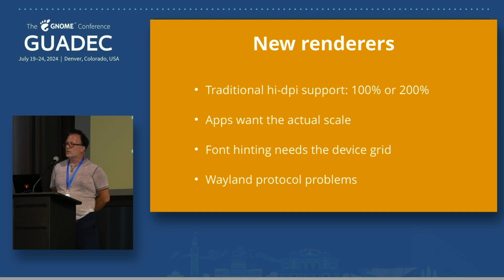Traditional high DPI support, like GTK has been doing since 2014, is just done by rendering everything at twice the resolution. So you get 4 pixels instead of 1. And of course, on your monitor, 100% might be too small and 200% might be too big, or the other way around. And what we can then do is, on the compositor side, we can take that 2 times rendering and scale it back down so that you actually get something like 150%.